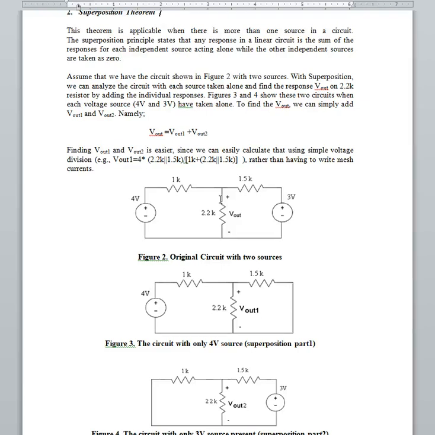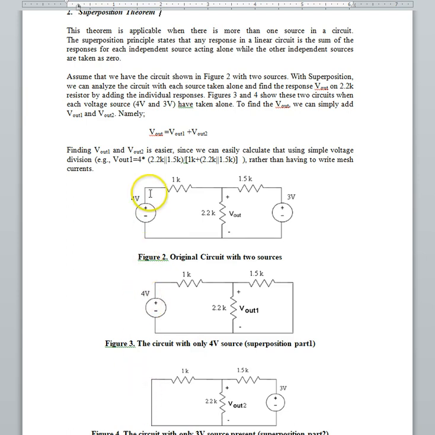So in this theorem, we are taking each source individually and then calculating the individual responses. So V01 corresponds to only the 4 volt source being present, and V02 corresponds to only the 3 volt source present. So we're creating these two circuits with only one source.